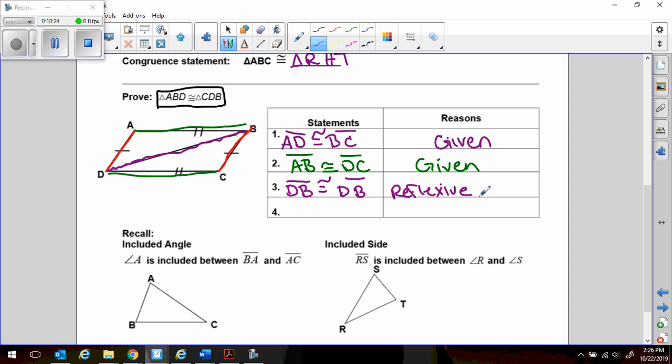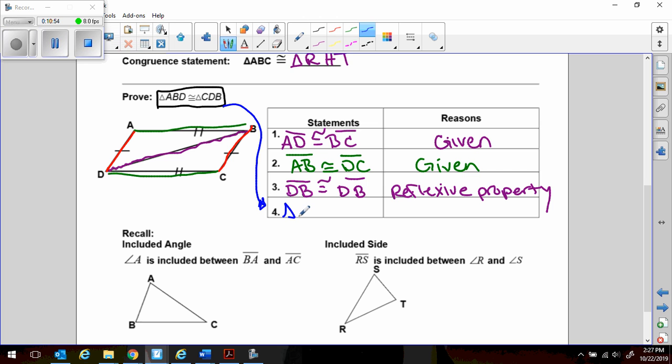This is something we're just going to have to learn. If you think about the mirror, you look at yourself in the mirror, that's your reflection. It's equal to your face. Well, this is the reflexive property. Whenever we say something is equal to itself, that's always going to be the reflexive property. Sometimes we'll use angles, sometimes it'll be a side. Now, my last statement is always going to be what I'm trying to prove. I'm just going to rewrite it in here. Go ahead and rewrite it.